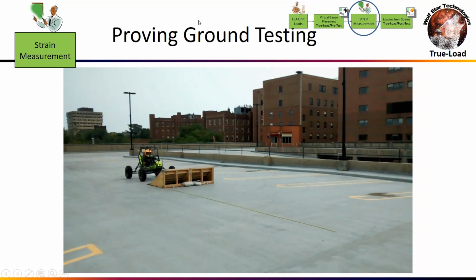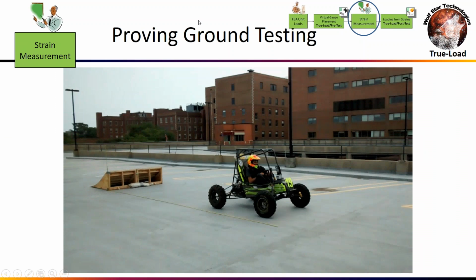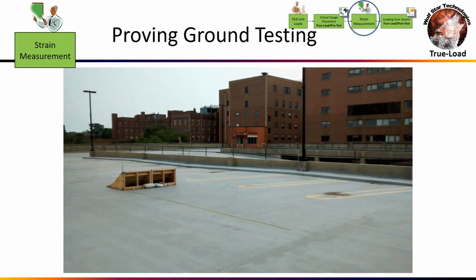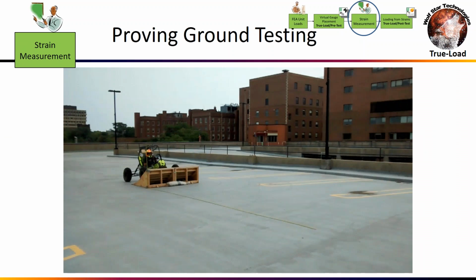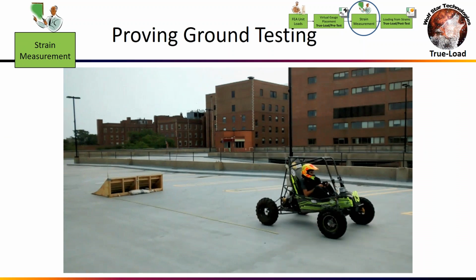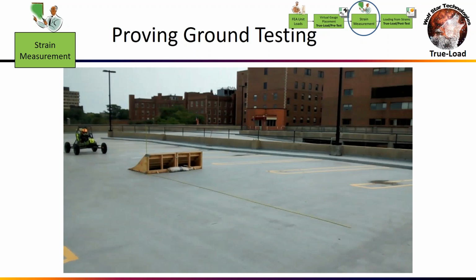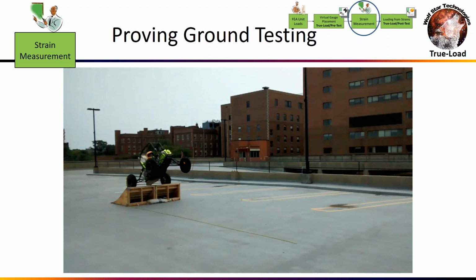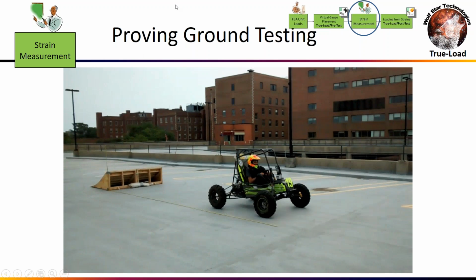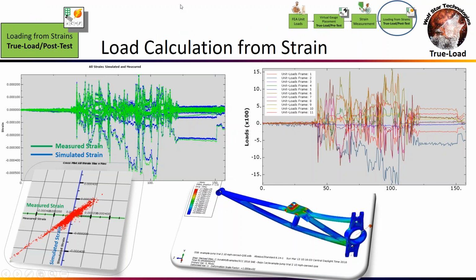So here's an example. They actually built jumps in the parking garage, so we took data off jumps, 0 to max brakes. We did hard turns, and they took all this data, and then they got results like this.